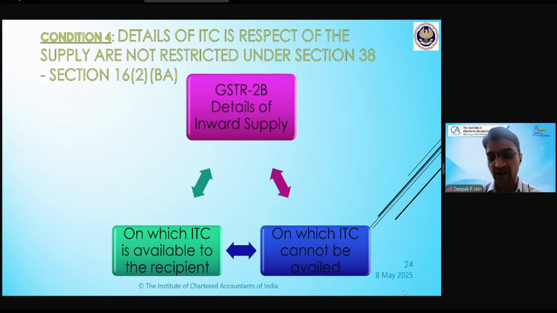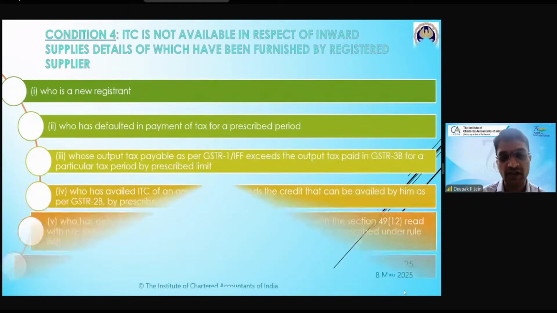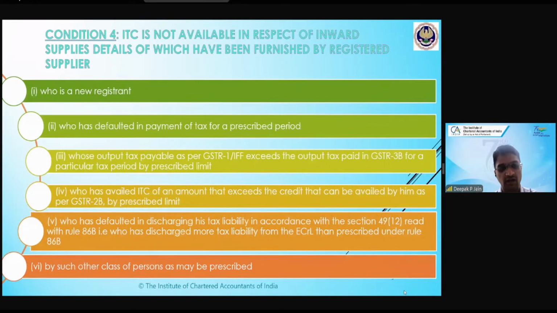What is restricted category is basically, Soumya, it says that if you purchase any goods or services from these following 6 category of people, then your credit will be restricted, which means that it will appear in your GSTR 2B, but you cannot claim the credit because these people are under the restricted category.